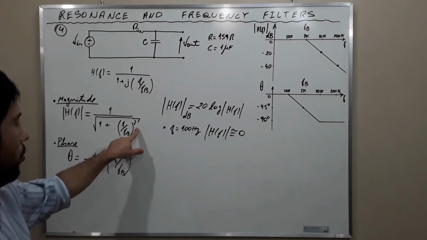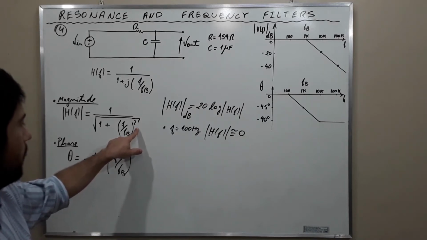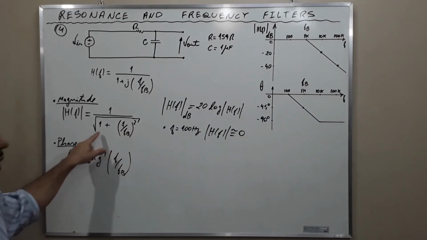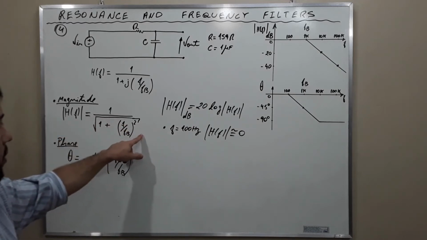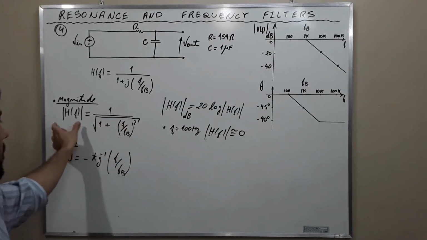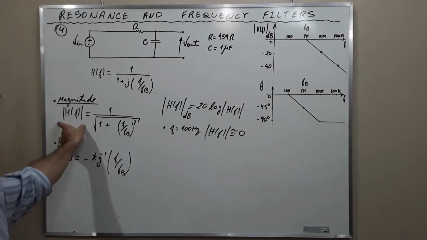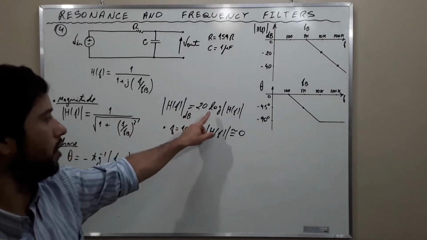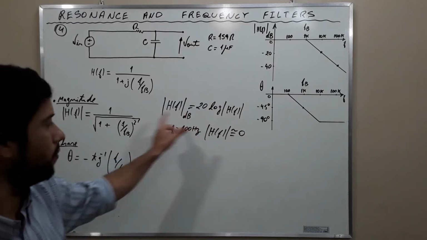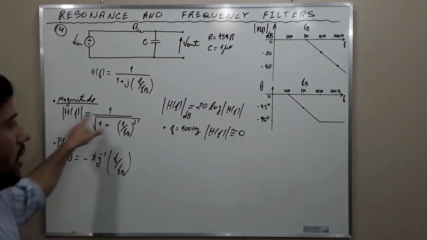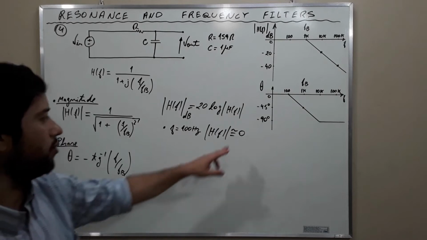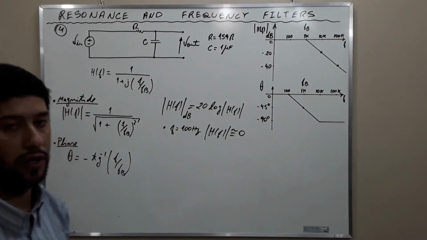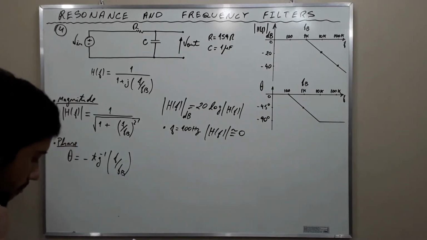And we square the value, add 1, we take the square root of it, 1 over it is the value in number. If we want it in decibels, we take the logarithm of this value that we just found, and multiply by 20, and we find for the frequency of 100 Hz, 0.